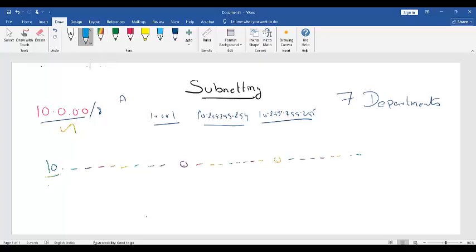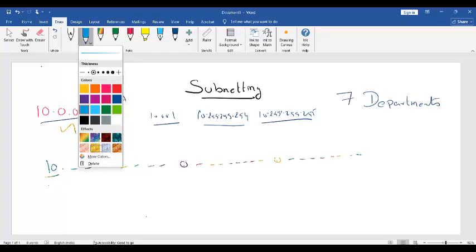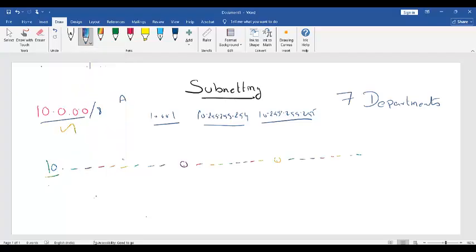That's another problem. How many bits should I give? Should I give 7 bits for 7 departments? No. To calculate that, use the simple formula: 2 to the power of the number of bits that you are going to give, minus 1.